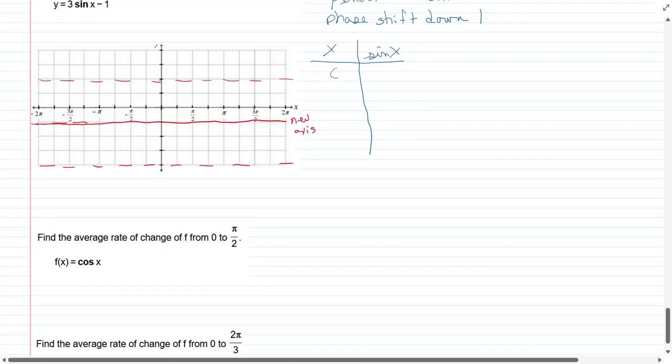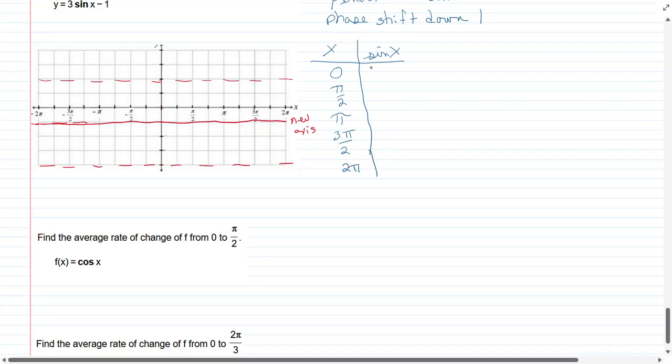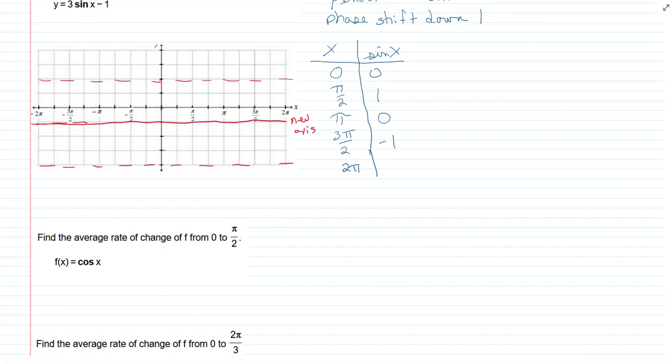Doing the quadrantals, 0, pi halves, pi, 3 pi halves, and 2 pi. All right. At 0, sine is 0. At pi halves, it is 1. At pi, it's back to 0. At 3 pi halves, it's negative 1. And at 2 pi, it's back at 0. So this is the math we're going to do this time.